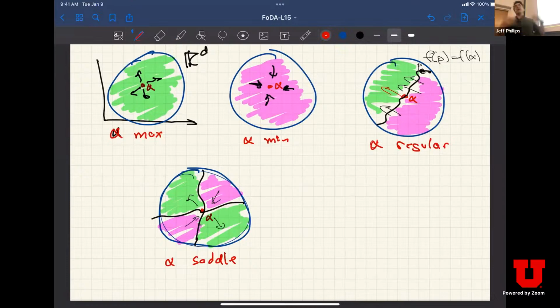For instance, gradient descent is going to want to find the gradient and follow the arrows down. And if it gets to a point alpha, it could go one of two ways. So think of if you're standing on the top of the Wasatch Range and it rains, a raindrop falls on the peak, and it could go down, or on the pass between two mountains, the raindrop could go down either way. It could go to Park City or Heber in one direction, or down to Salt Lake City in the other direction.